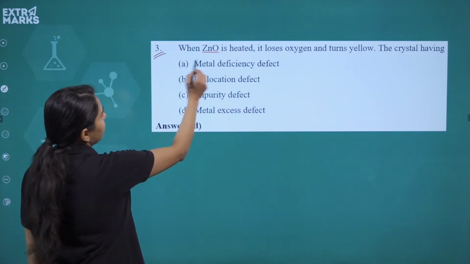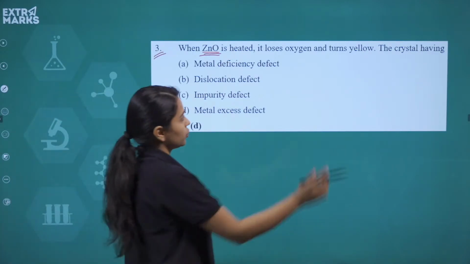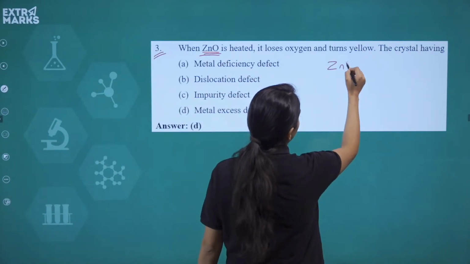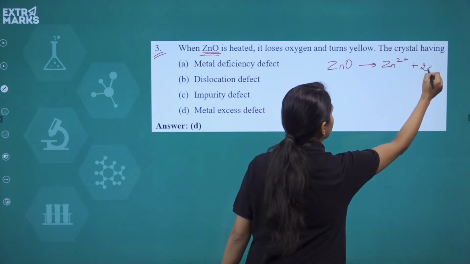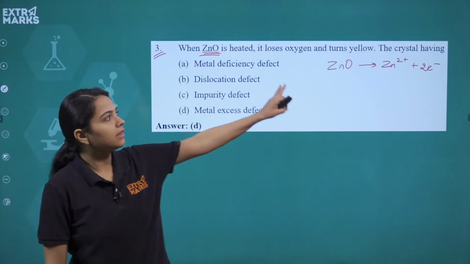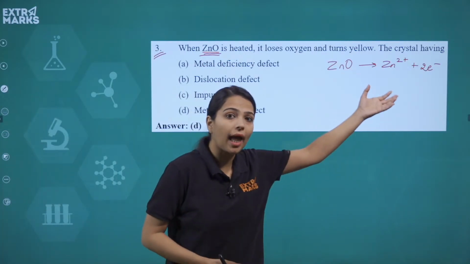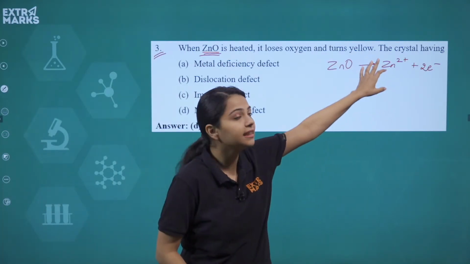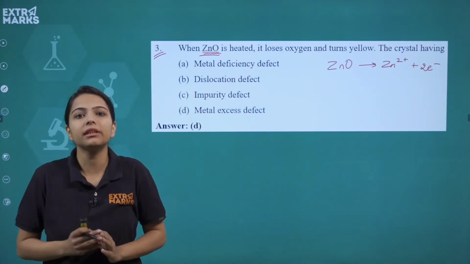When ZnO is heated, it loses oxygen and turns yellow. So when ZnO is heated, basically, it is going to form zinc 2+ ions, plus 2 electrons are lost here, and oxygen gas is also liberated out, and it turns yellow. Now over here, what is going to happen when zinc oxide is heated, these zinc ions are going to move into the interstitial sites of a particular crystal structure.